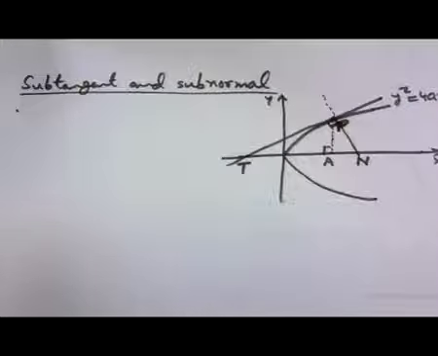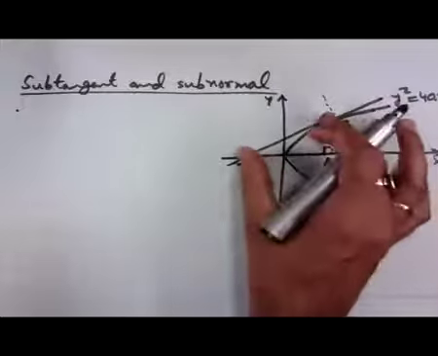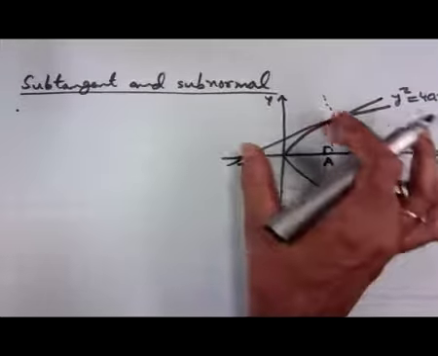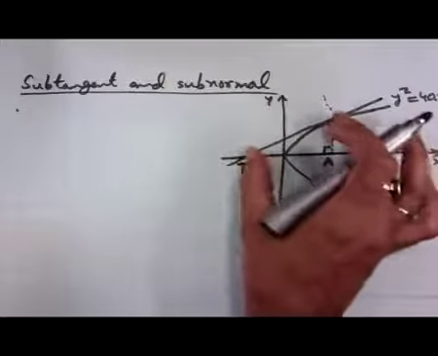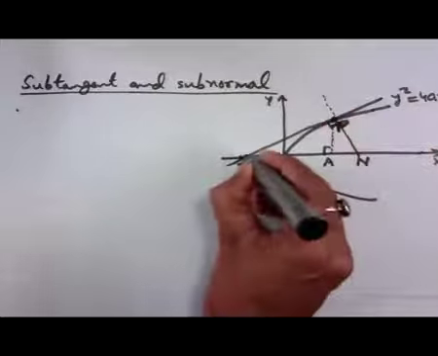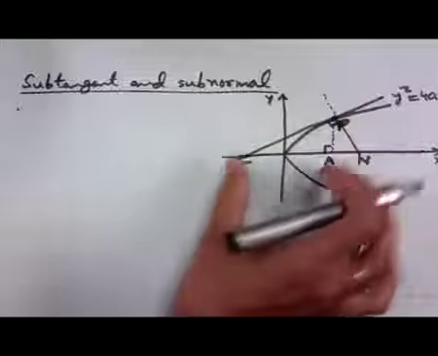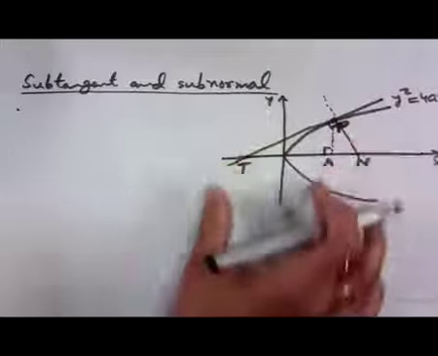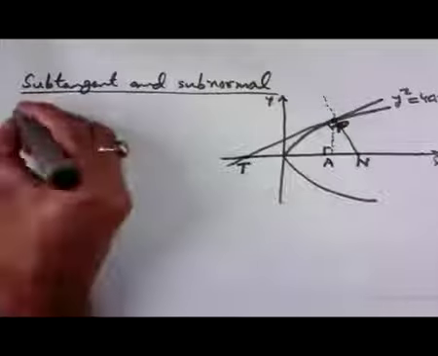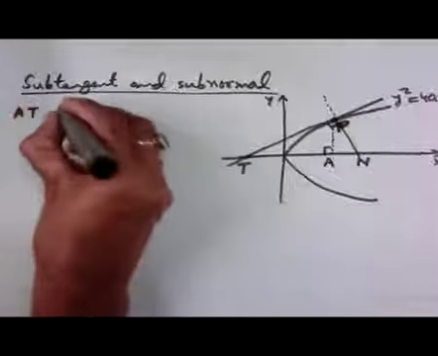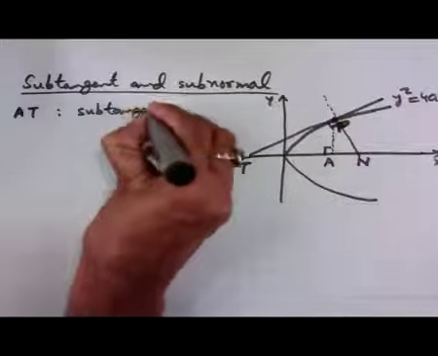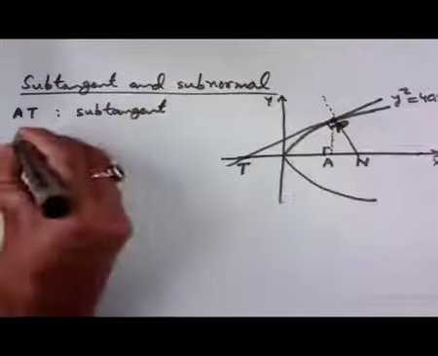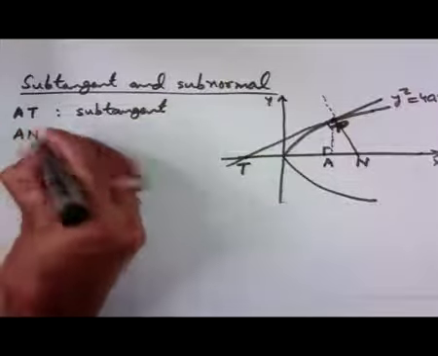So, P T is the tangent between the point P and the intersection point on the x axis, and the projection of this on the x axis is A T. So, this A T will be called subtangent, and A N is the subnormal.